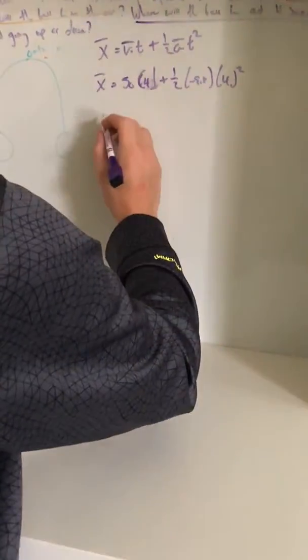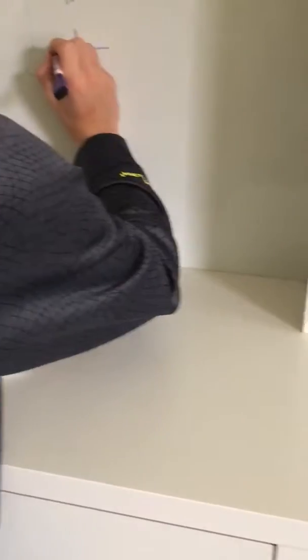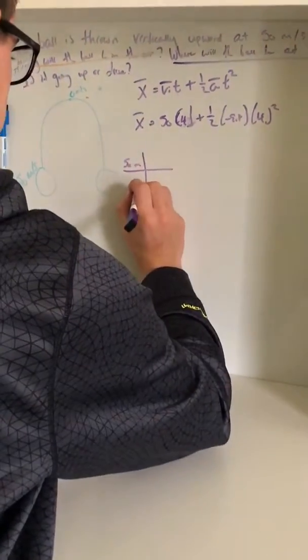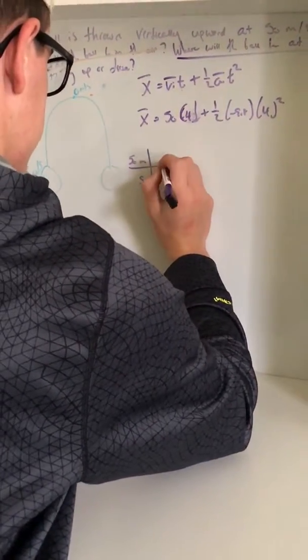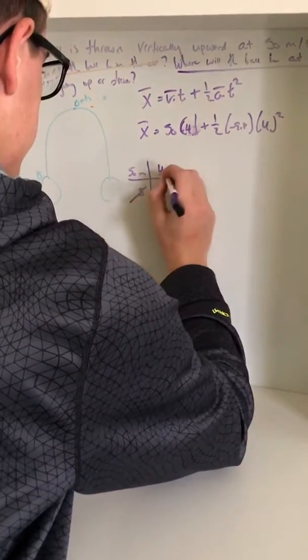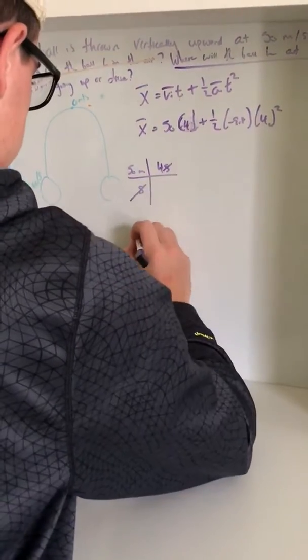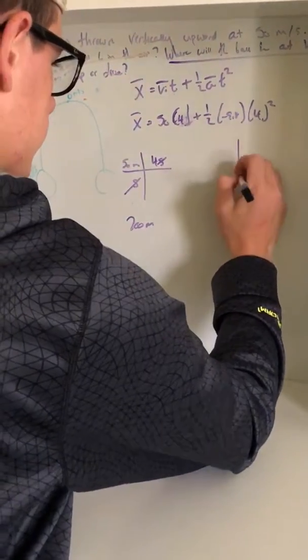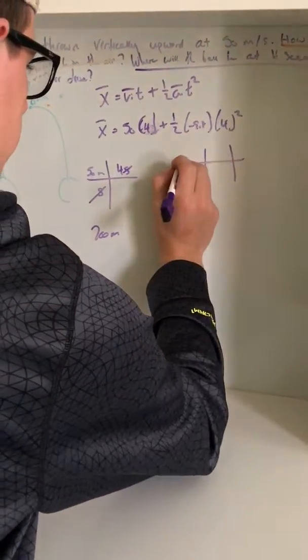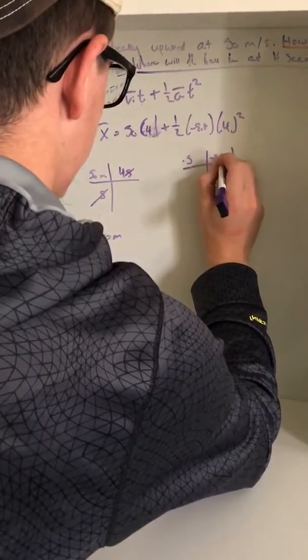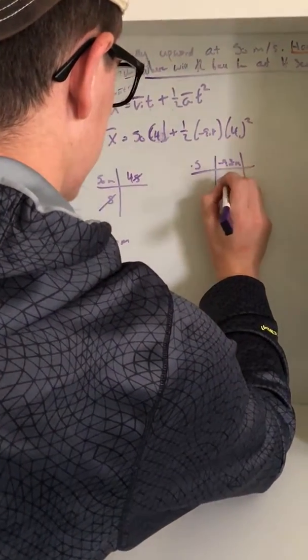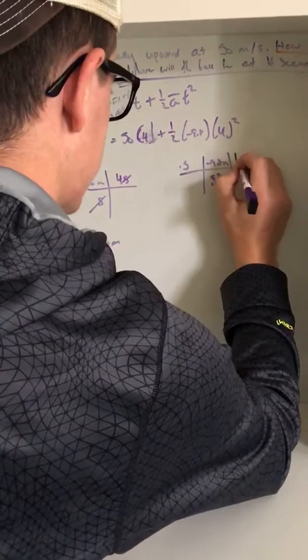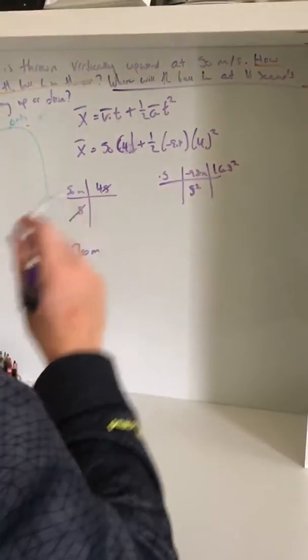We're going to use unit analysis to get 50 meters per second and then 4 seconds, so seconds are going to cancel, and that's going to be 200 meters. And then unit analysis for this side is going to be 0.5 times negative 9.8 meters per second squared, the acceleration, times 16 seconds squared.